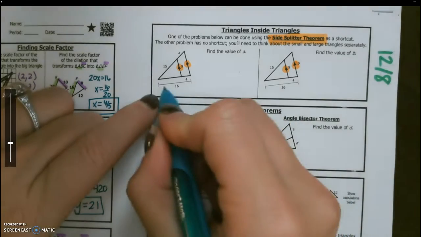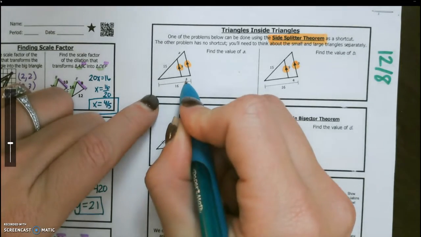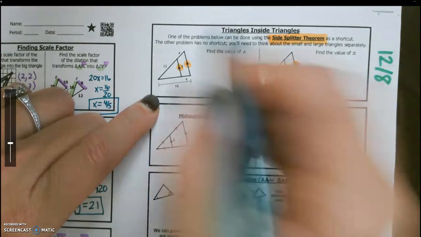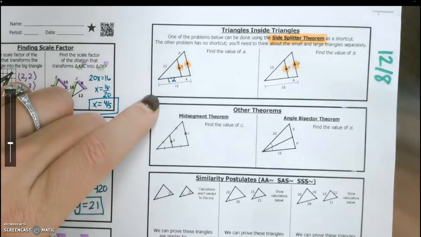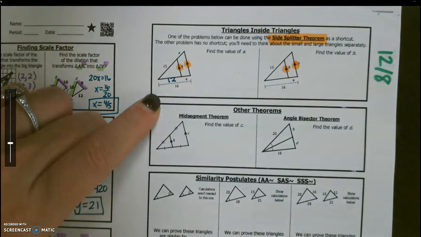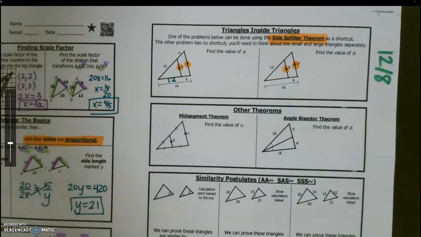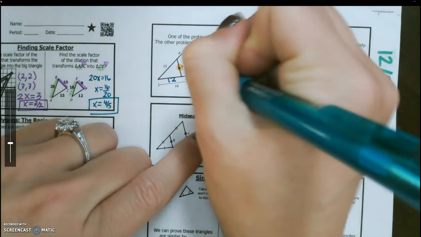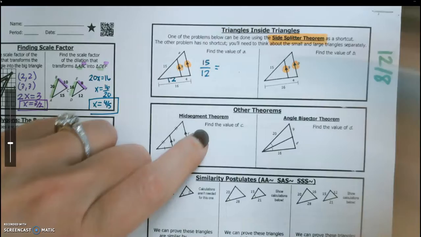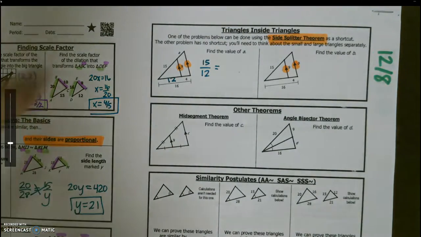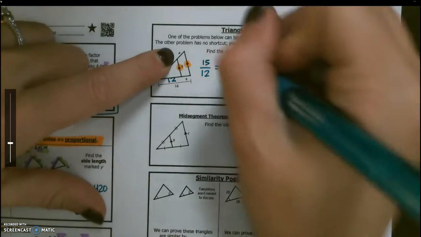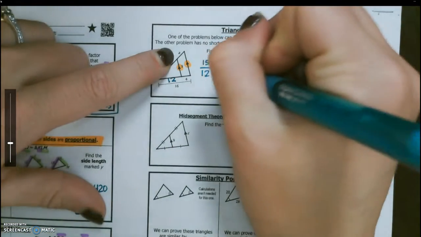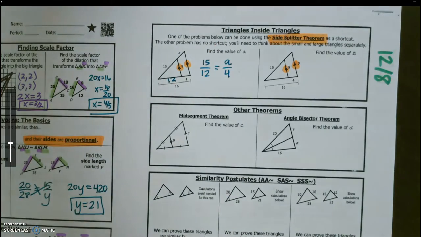All right, so if the whole thing is 16 and this part is 4, 16 minus 4 leaves you with 12 units right there. Now, I'm going to give you guys the first ratio, and you guys tell me what the other ratio would have to be. If I decided to do 15 over 12, yes, A over 4, that's correct.